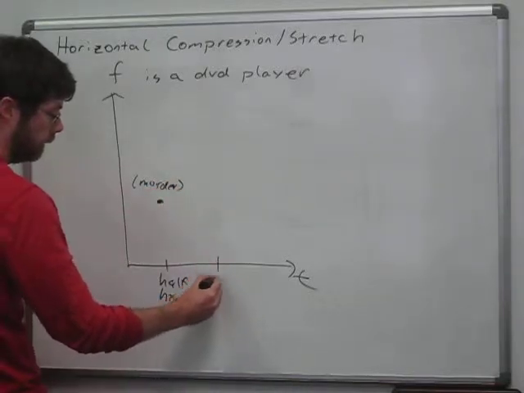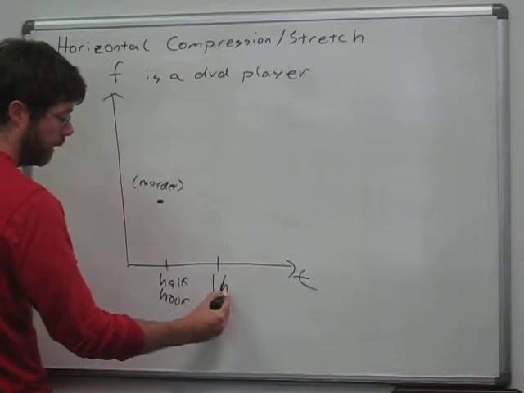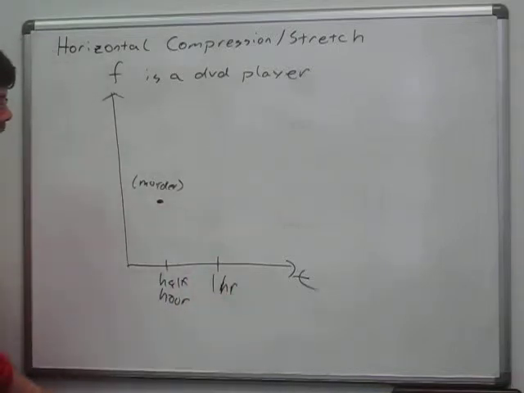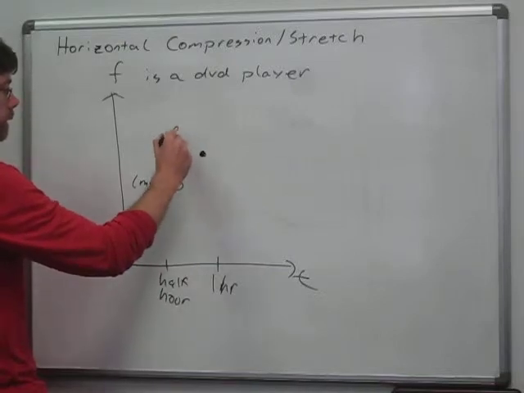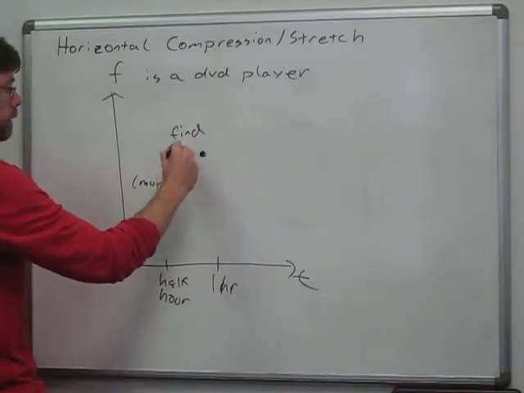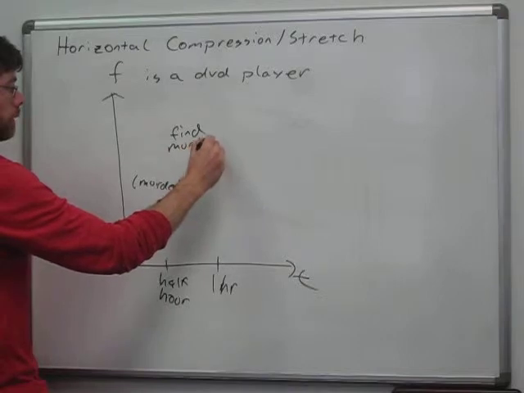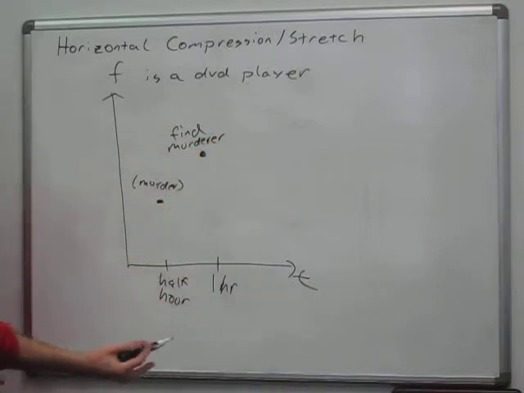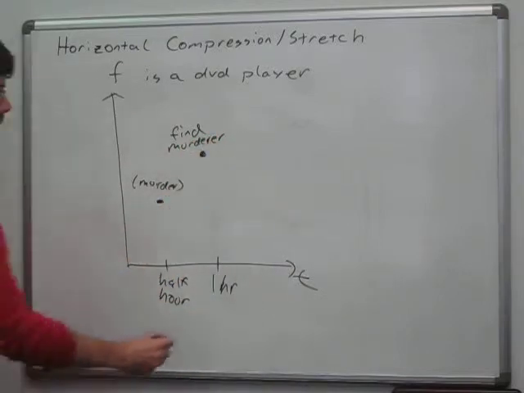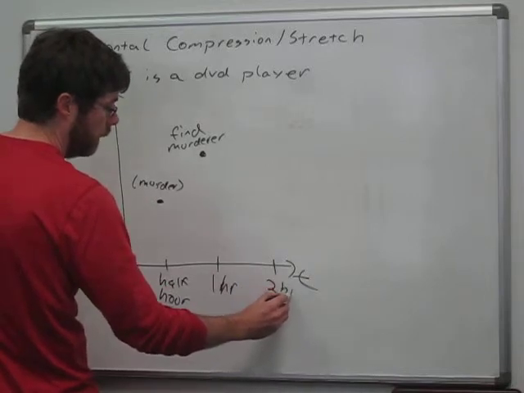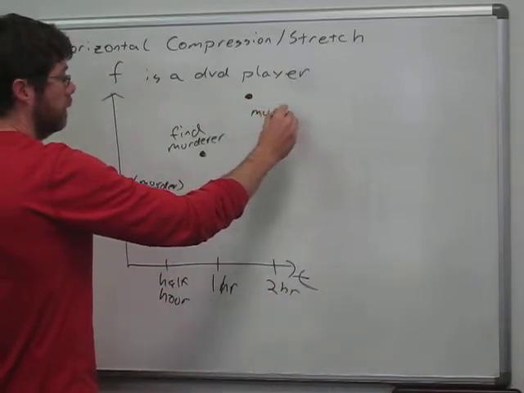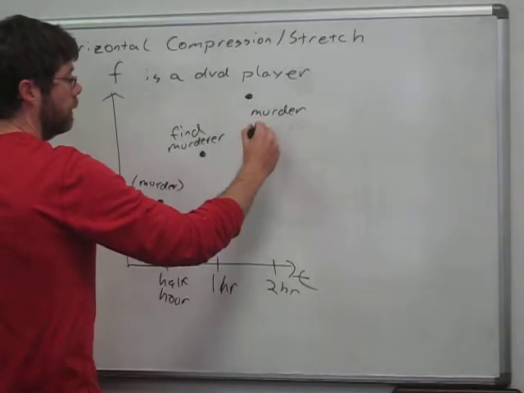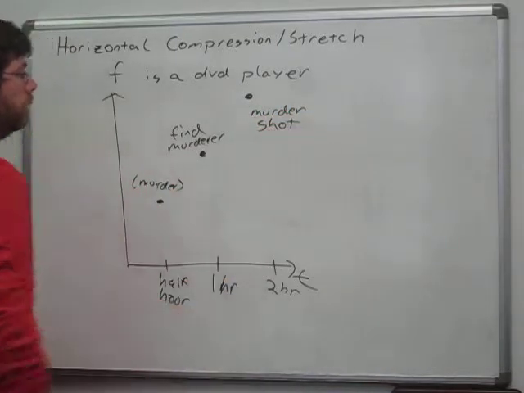And then maybe at 1 hour, we discover who committed the murder. And then the rest of the movie is spent trying to find the murderer, and let's say it ends at 2 hours with the murderer getting shot.